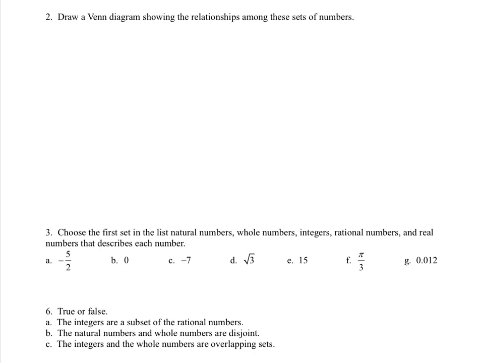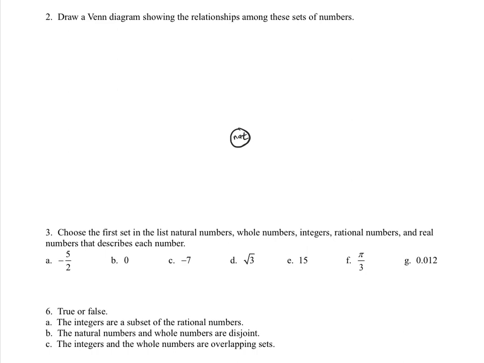Okay, so here is what's going to happen. We're going to look at all of these sets of numbers, and I'm going to start out small. The smallest set of numbers that we have that was listed up there is the natural numbers. From the natural numbers, all we did was add things to it.